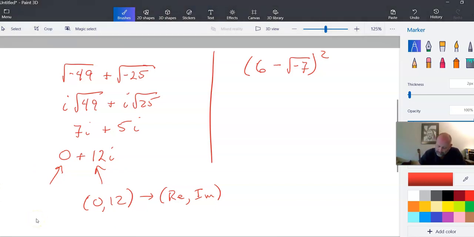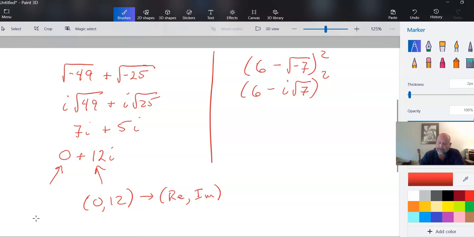Okay, so there's a couple things here. One of the things I want to do, and I like to do, is just convert everything to the imaginary form first. So I can rewrite this now as 6 minus i times the square root of 7, and I'm squaring all of that, right?